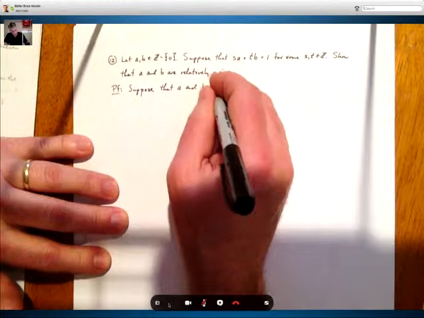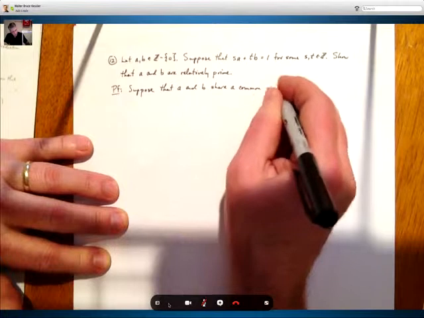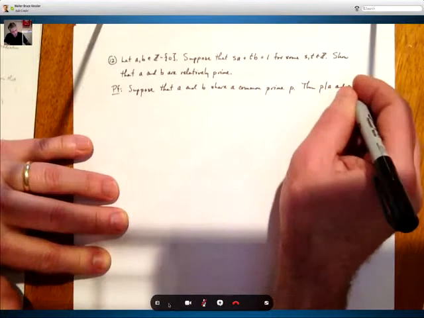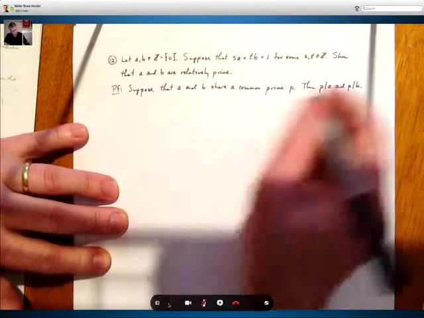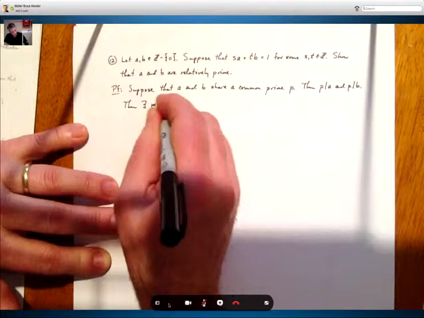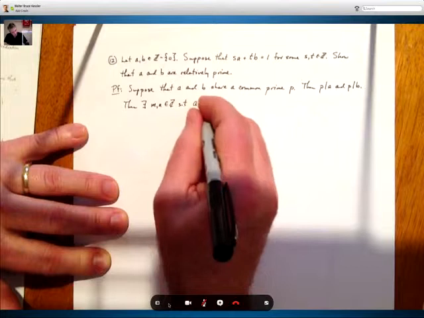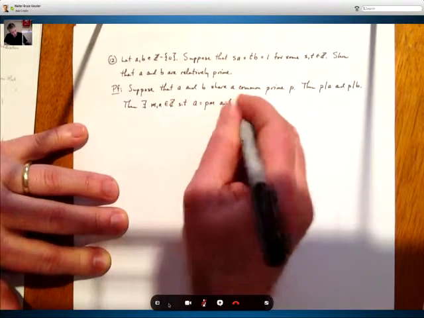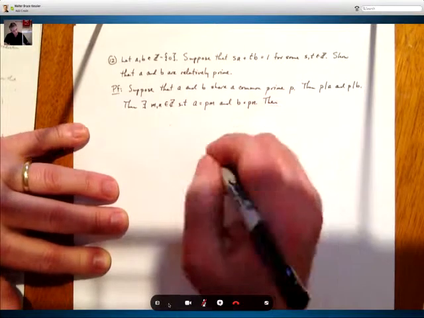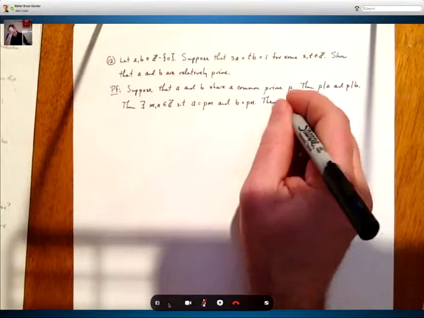Suppose that A and B share a common prime P. Then P divides A and P divides B. Then there exist, and we've pulled this stunt before, M and N, such that A is P times M and B is P times N.